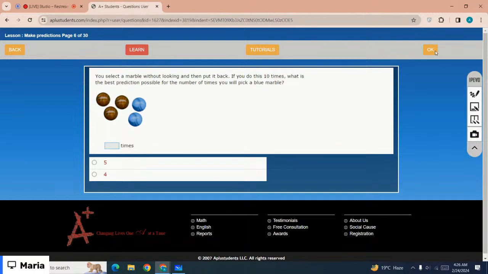You select a marble without looking and put it back. If you do this 10 times, what is the best prediction possible for the number of times it will land on a blue marble? So, which is the correct option? Which option is the correct one?